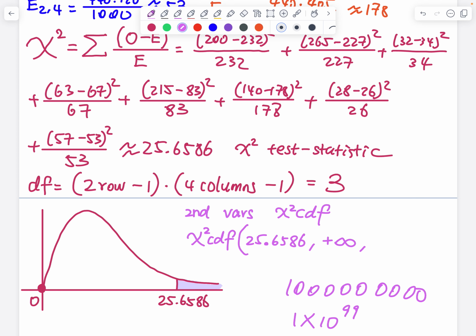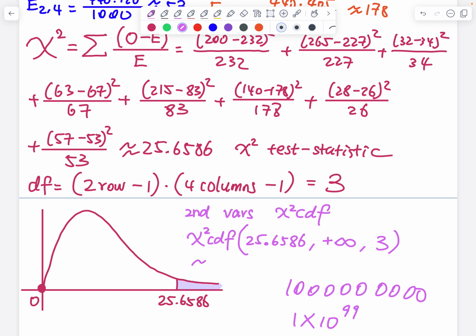The way I do this is, I click 1, and then second comma. The comma key is right above 7. You get the E, and then I type 99. And then you have a degree of freedom.